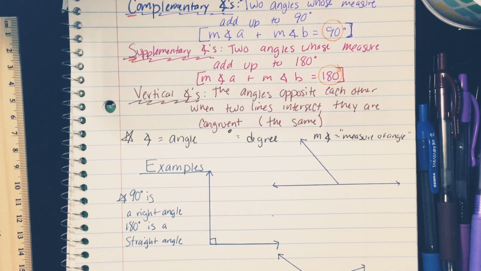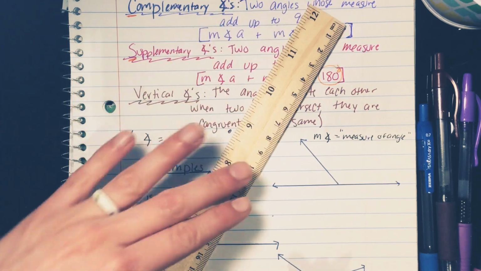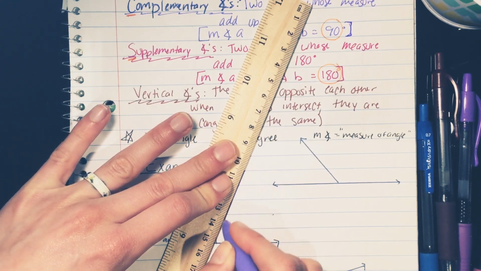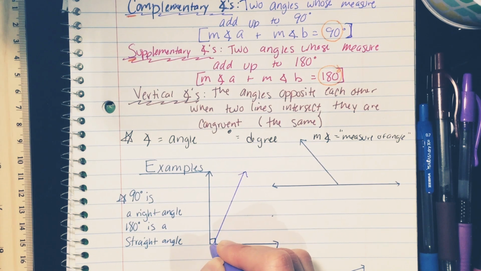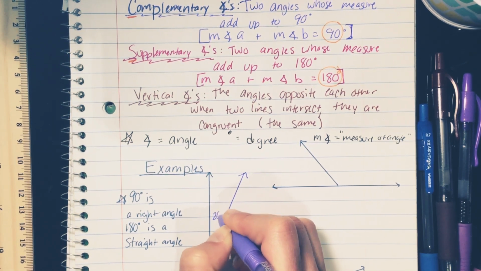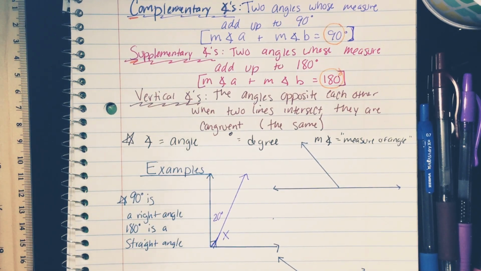All right, so complementary angles. So my first example, if I draw a line down here, okay, and I know that this angle right here is 20 degrees, and I need to find this right here, how would I do it?